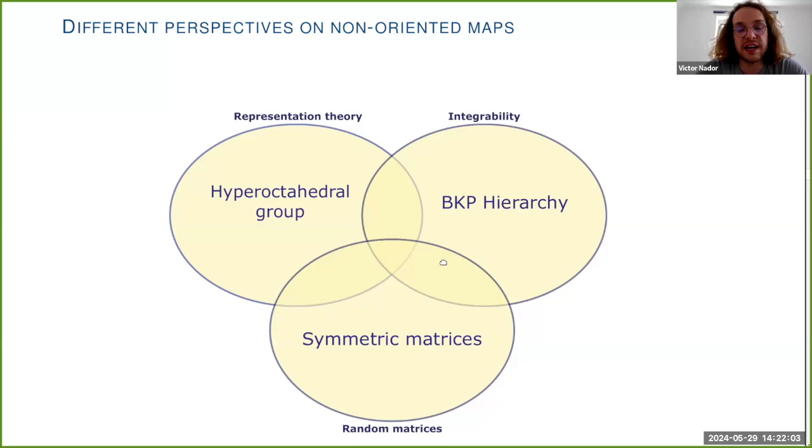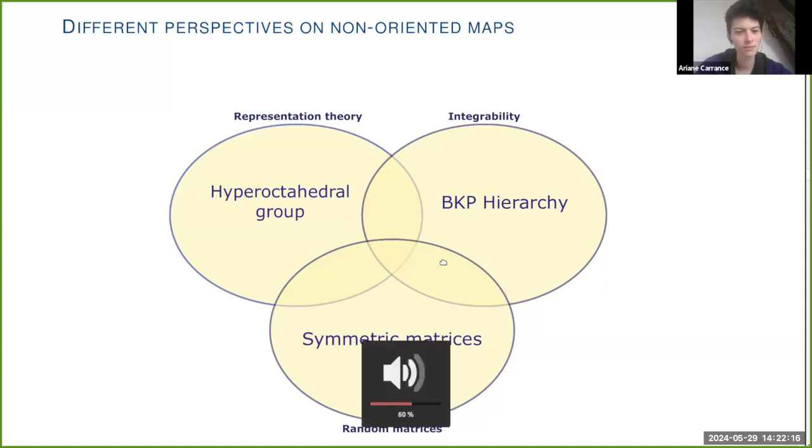No, it's the one that's larger than KP, but it's not a deformation. It's strictly larger. So you mean all solutions to the KP hierarchy are also solutions to BKP? Yes, exactly.